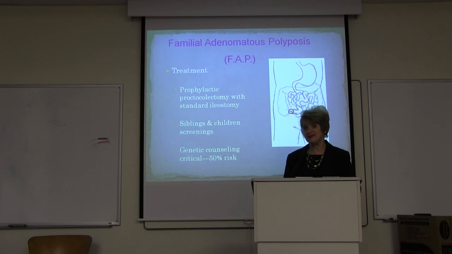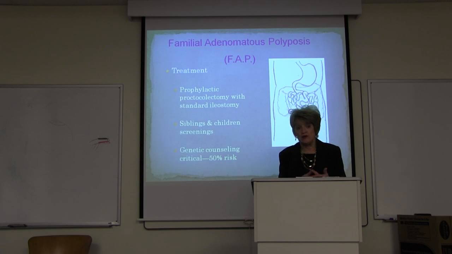But remember, this is a genetic condition. So if someone comes in and is diagnosed as having familial adenomatous polyposis, it's critical to do screening for all their siblings and for their children once they reach puberty. It's also important when you think about the fact that almost all of these patients are going to be in their teens, 20s, or 30s.